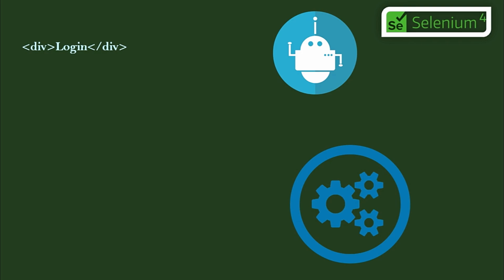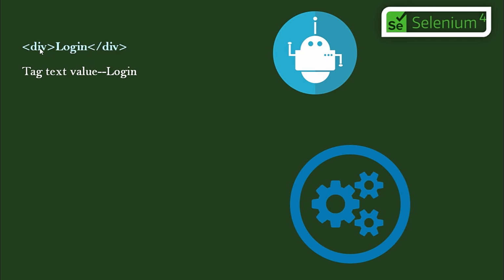Now let's understand with another example. You can see this is a div login and the closing div. This is also a web element, with an opening element and a closing element, and whatever you are seeing within it is the tag text. So login is the tag text.